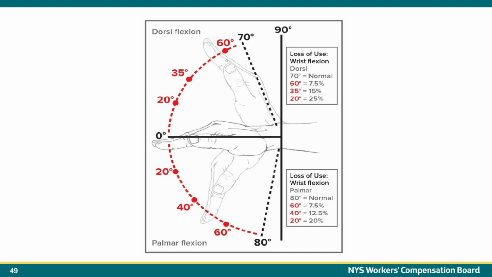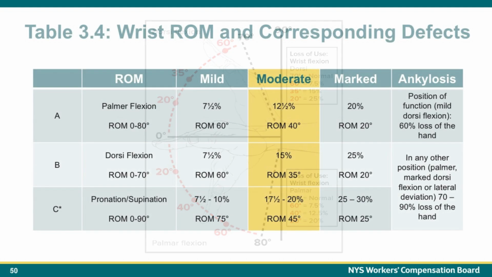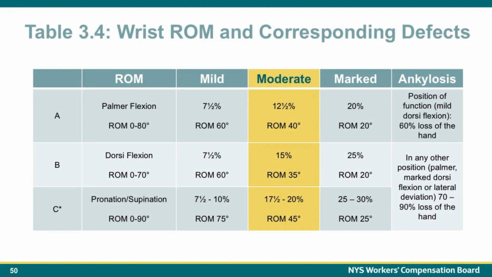Using the wrist guidelines as an example, the diagram of wrist dorsiflexion and palmar flexion clearly correlates deficits in wrist ROM with percent loss of use. In the related table, in this case Table 3.4, the ROM values and percent loss of use are clearly identified into mild, moderate, and marked categories.